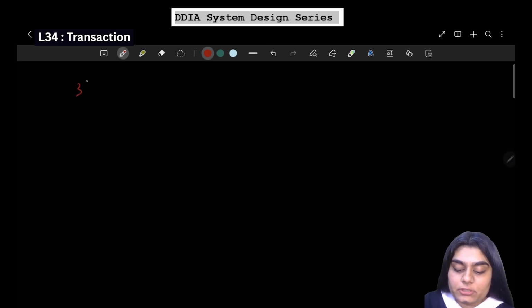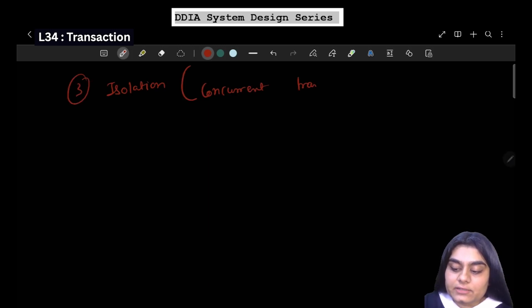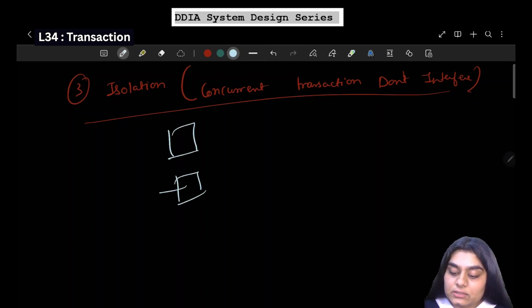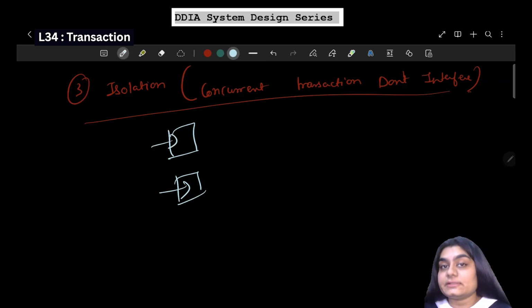Let's talk about isolation. That is, concurrent transactions don't interfere. Isolation is the property that ensures that the transactions operate as if they were alone on the database.